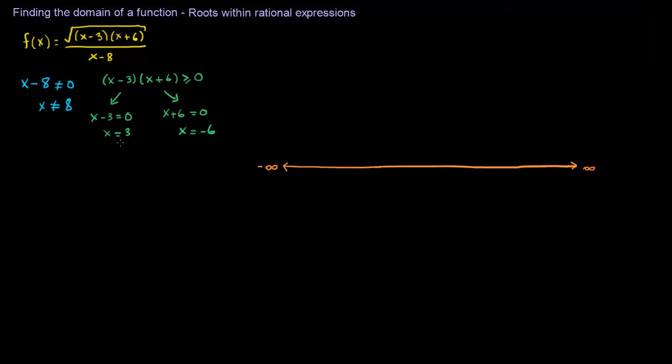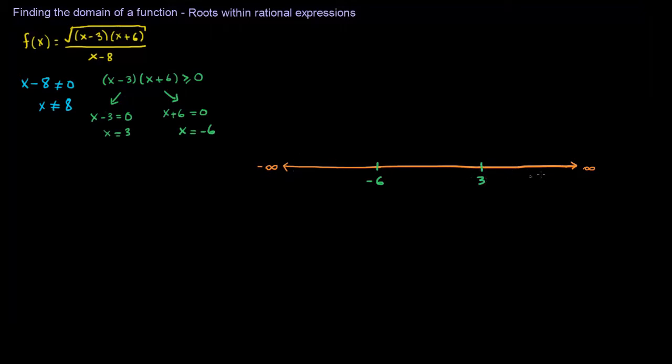Now I'm going to place both values of x in my graph here on the right. I'm going to write here the negative 6, and here the number 3. I'm just going to leave more space here.